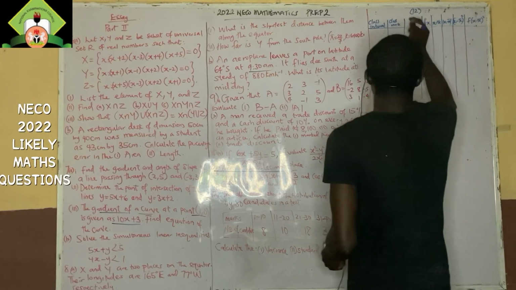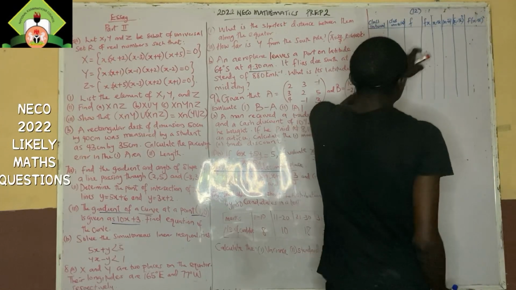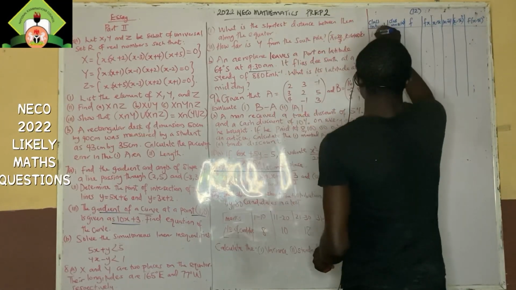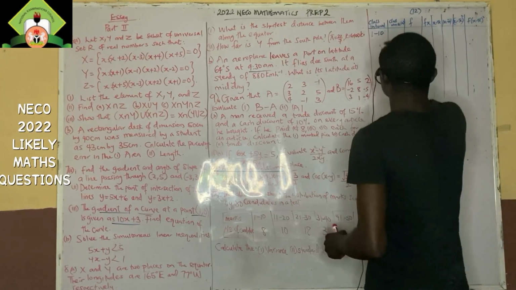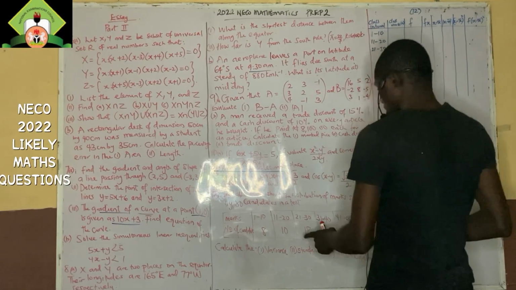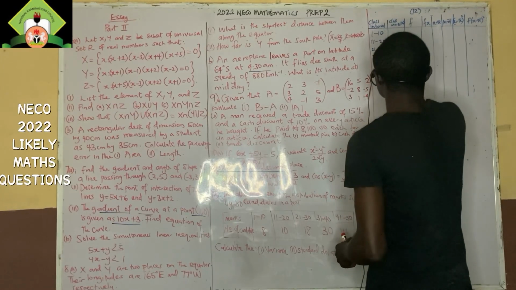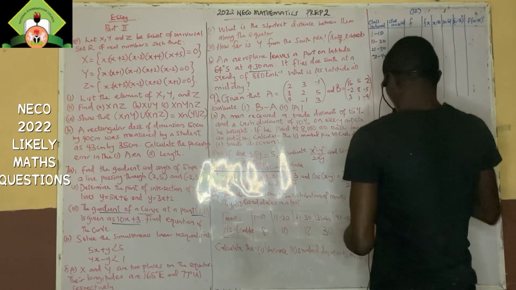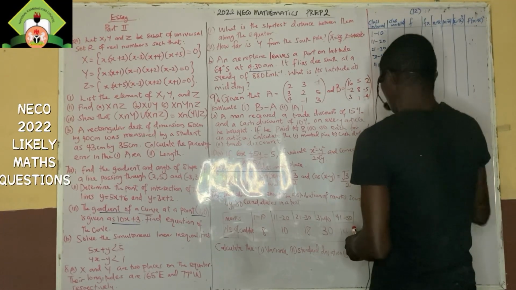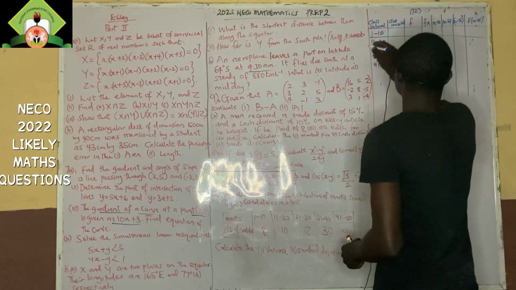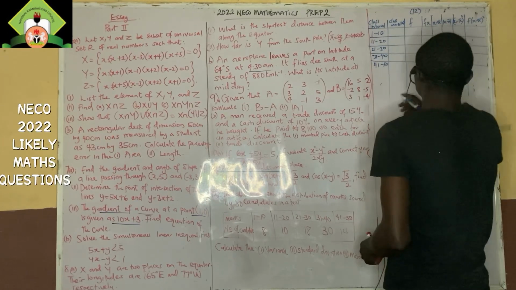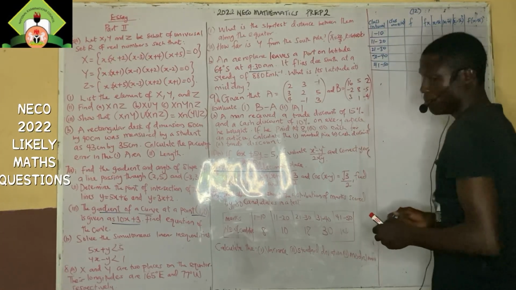Now, this one is x. Shall we continue? With this now, we have 1 to 10, 11 to 20, 21 to 30, 31 to 40, 41 to 50. Not that much. It's not a big thing.